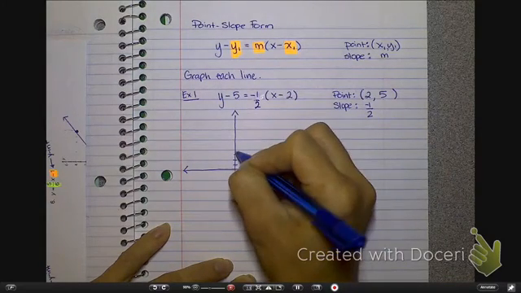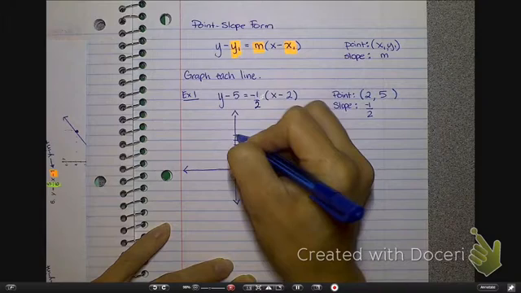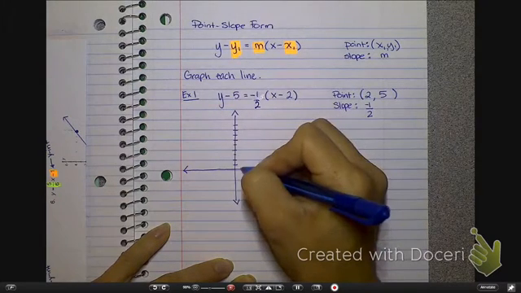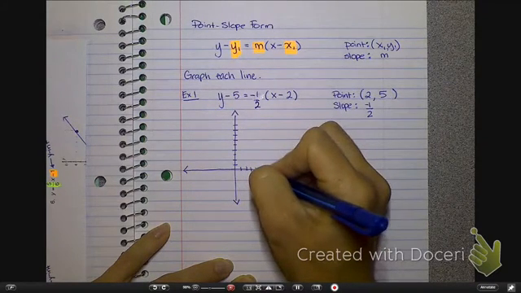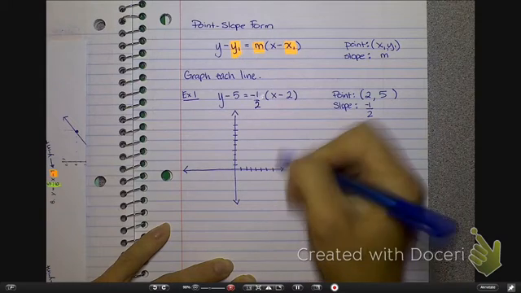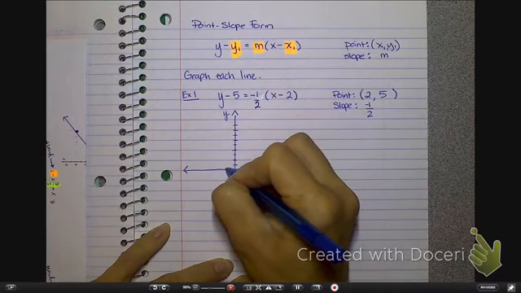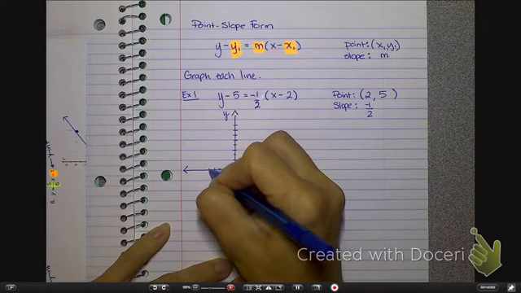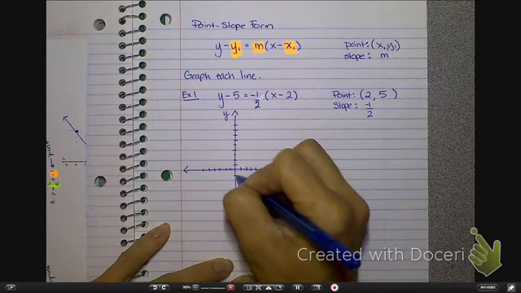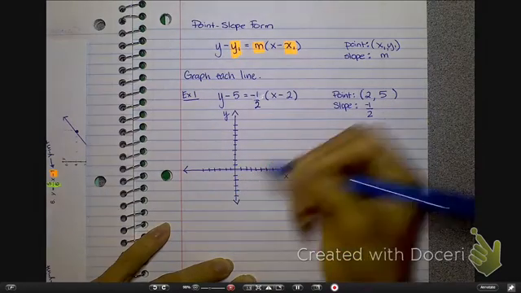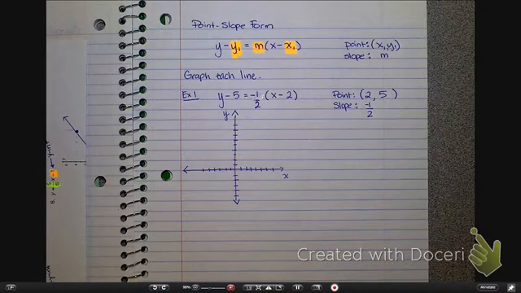If you don't make the spaces the same size, it'll turn out looking all crazy. Alright, so here's my graph.